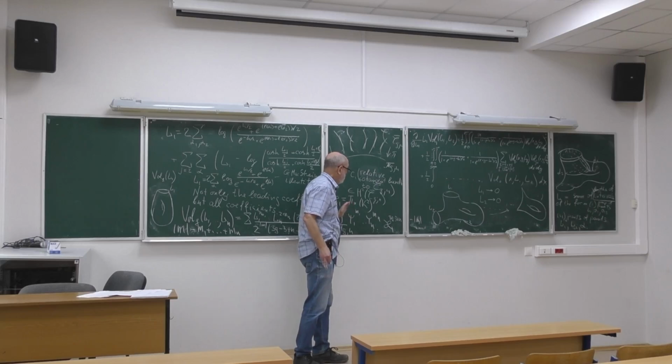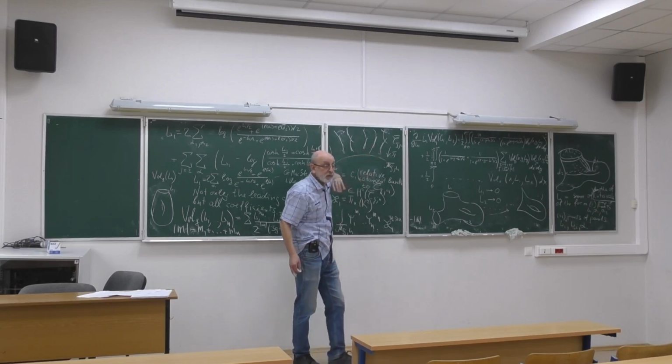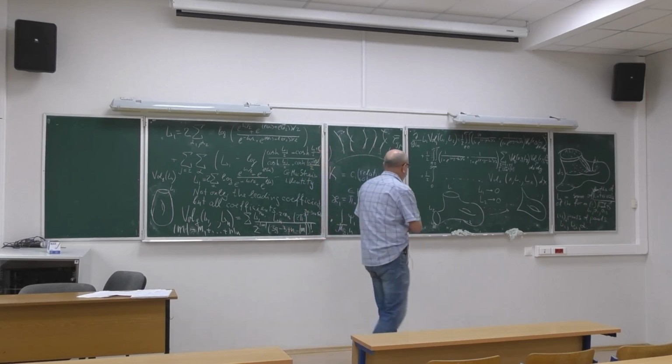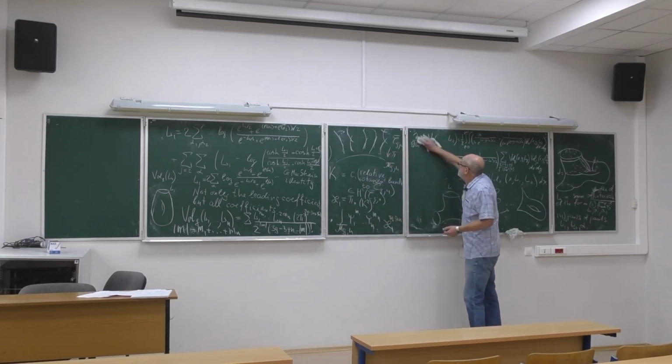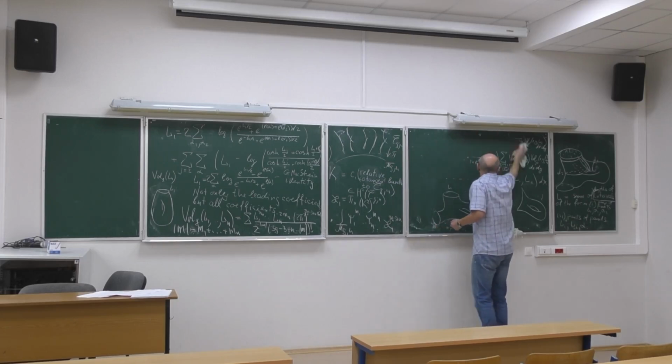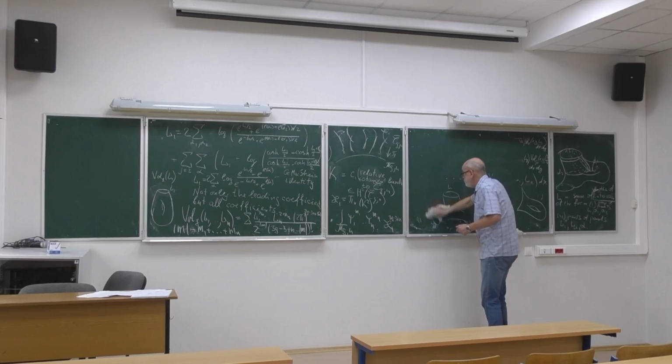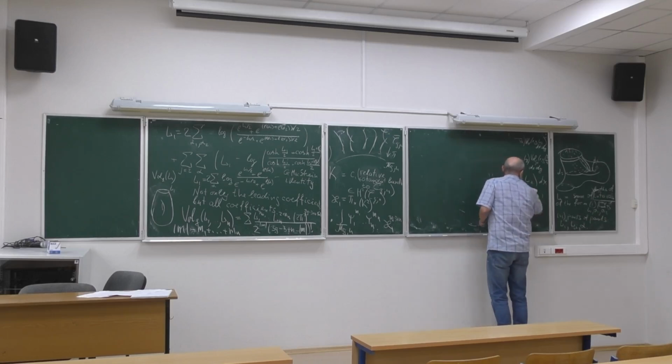Why am I talking about these things? I'm not going to explain any part of this picture in detail, but what I'd like to do is to explain how the generating function can be modified.